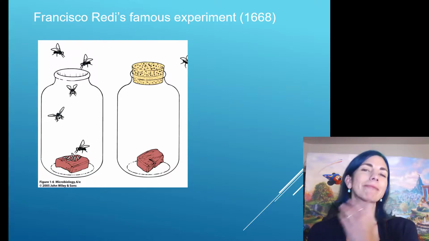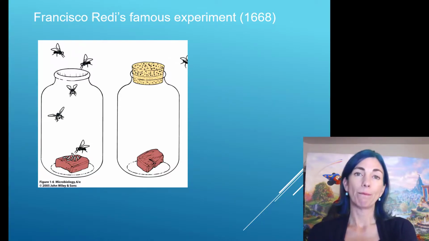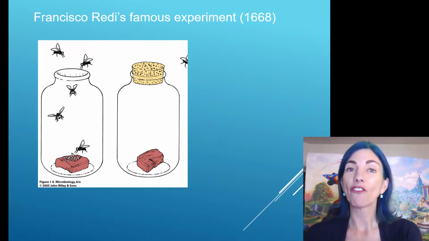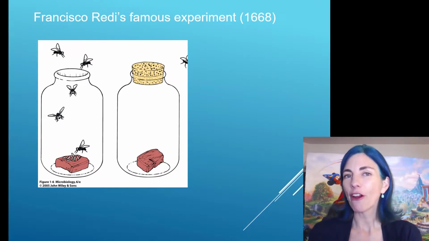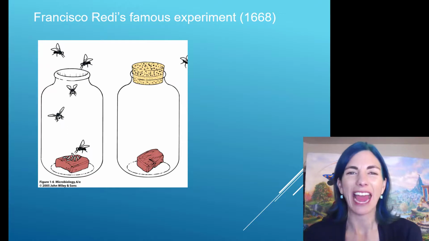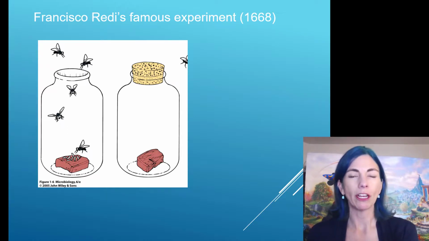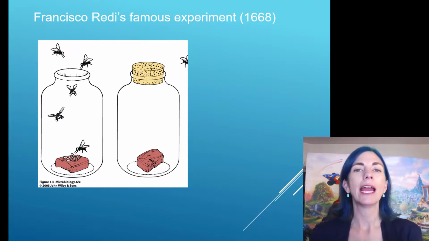And people said, that's nice, but there's also no fresh air, so we don't really believe that this is not spontaneous generation. The reason maggots did not spontaneously generate here is because there's no fresh air.